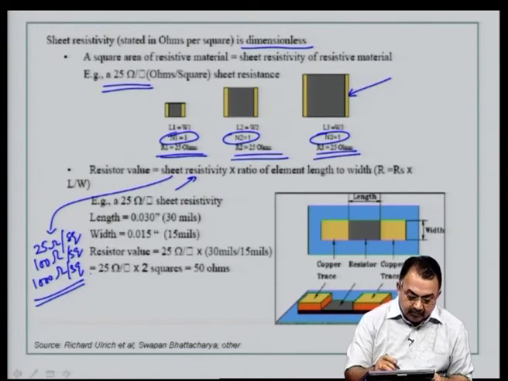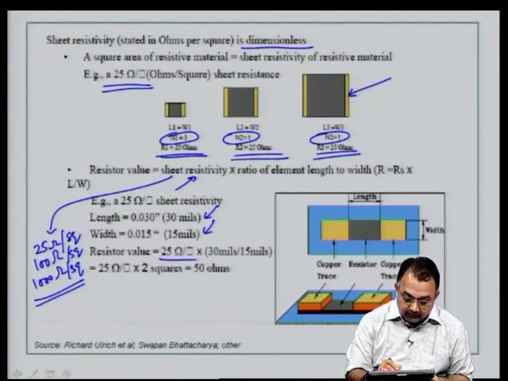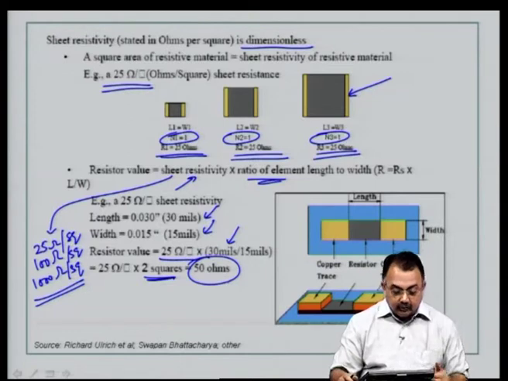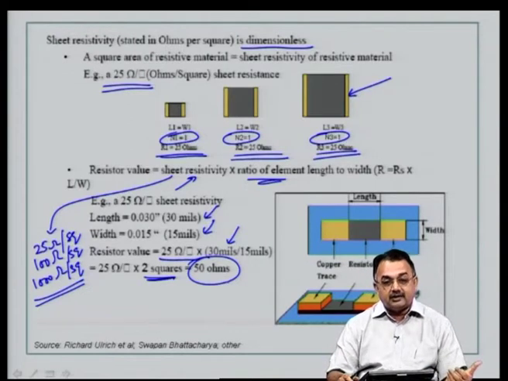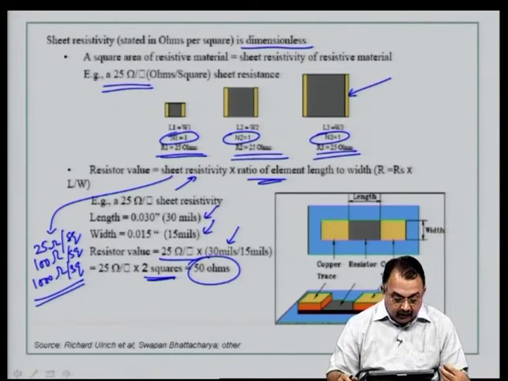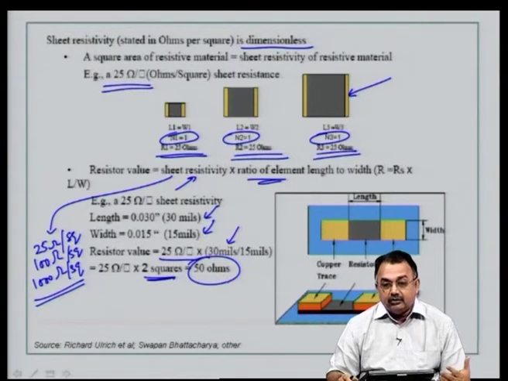So, for example, a 25 ohms per square sheet resistivity material is being used, length is 30 mils, width is 15 mils, and then the ratio is 30 by 15, which is 2 squares, so the value is 25 into 2. With the 25 ohms per square sheet resistivity material and a ratio of 2, you can get 50 ohms.